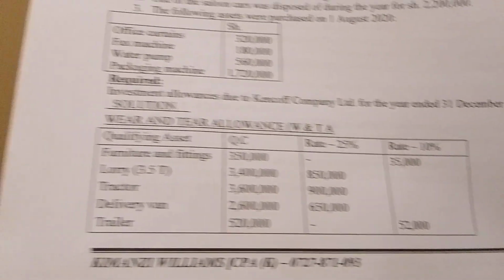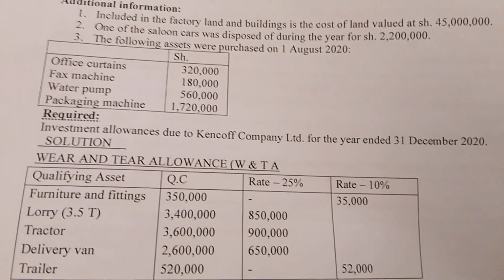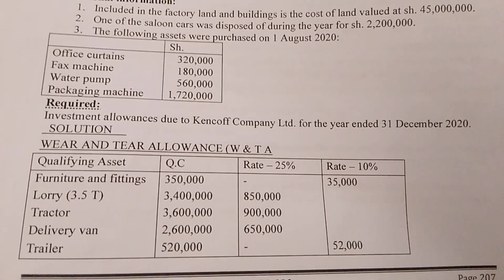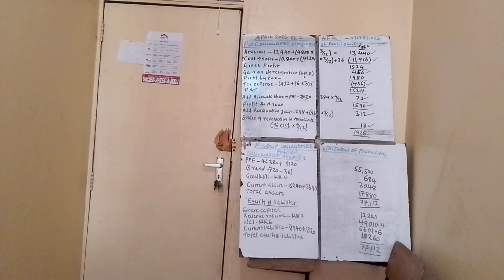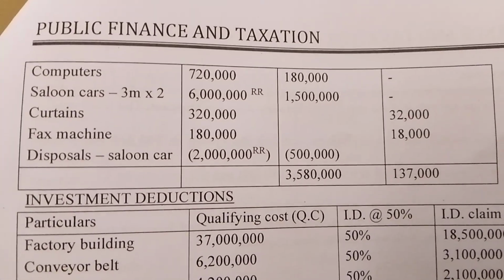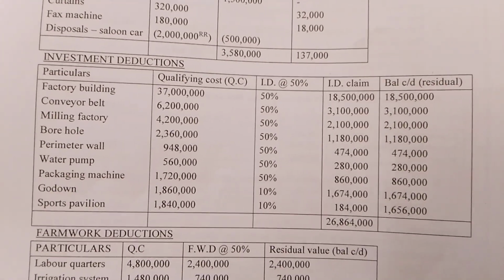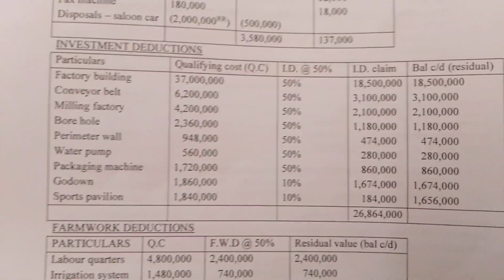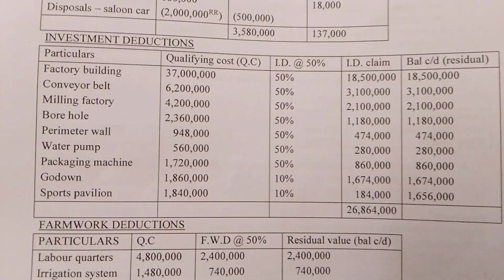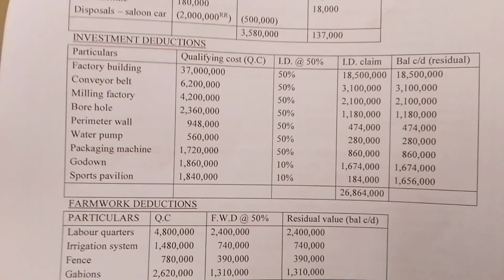The solution was there. We started with those items which are granted 25% and 10% capital allowances. We have discussed what they are. The solution continues on the other page with investment deductions, which are granted at 50%, where manufacturing takes place, and those machines which help in manufacturing, we grant them 50%.